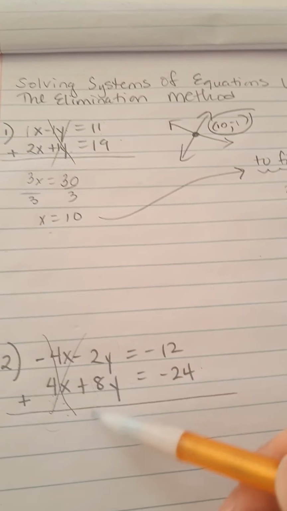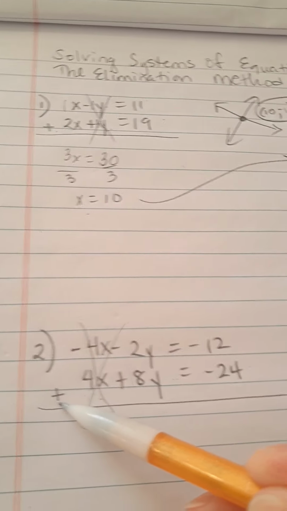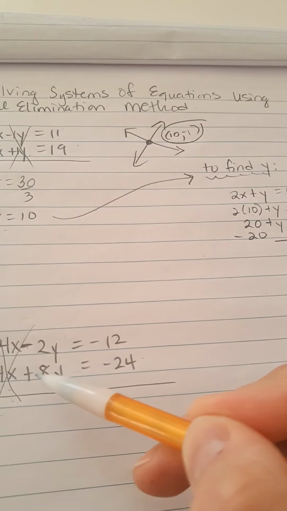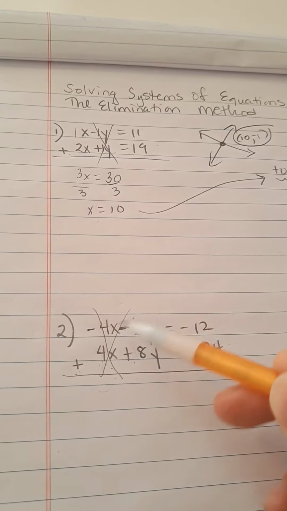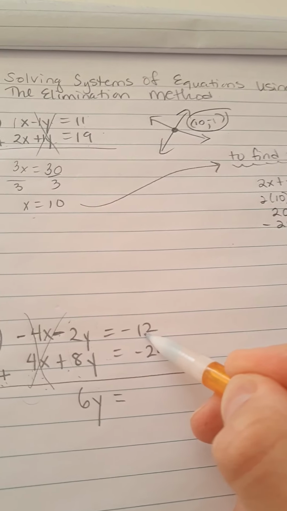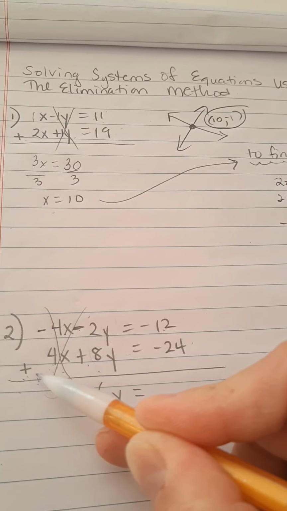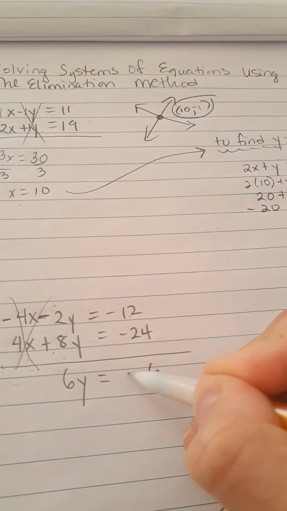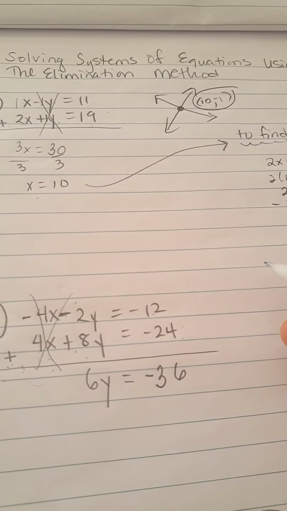So then we add vertically. It's an addition problem, but in this case it's subtraction, right? Because it's a negative 2 plus an 8. Negative 2 plus 8 gives me 6. And it's a negative 12 plus, always an addition problem, a negative 24, so that technically turns into addition.